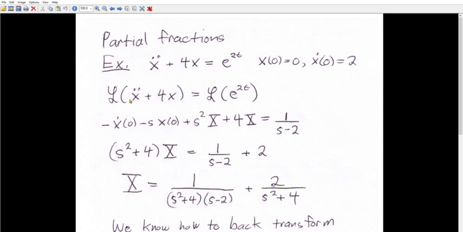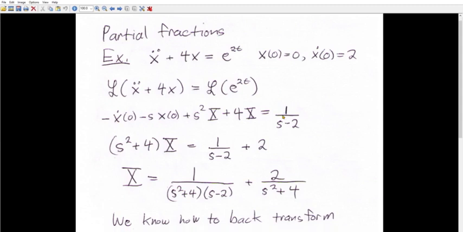So we Laplace transform the left-hand side, and we Laplace transform the right-hand side. x'' translates as −x'(0) − s·x(0) + s²X + 4X. But this time the right-hand side is not translating as 0, it's translating as the transform of e^(2t), which is 1 over (s − 2).